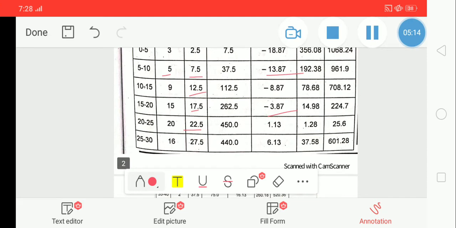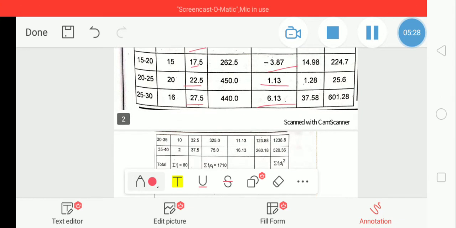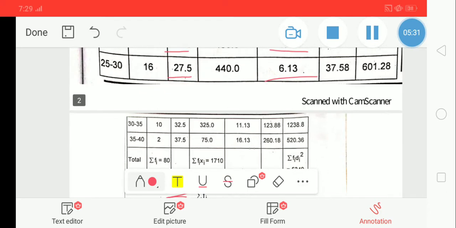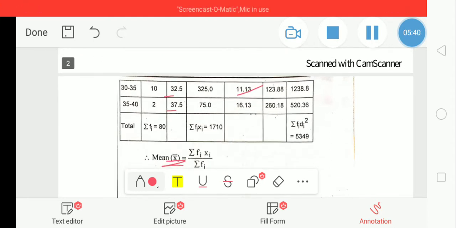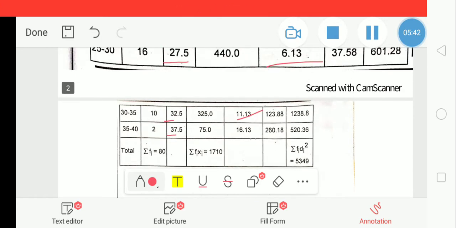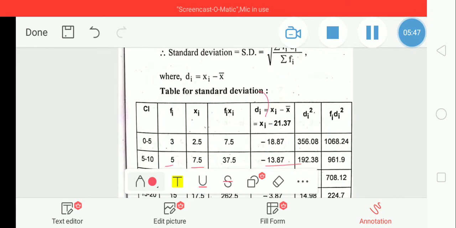Here also, 22.5 minus 21.37, that gives 1.13. 27.5 minus 21.37 gives 6.13. 32.5 minus 21.37 gives 11.13, and 37.5 minus 21.37 gives 16.13. So this is the value of di.